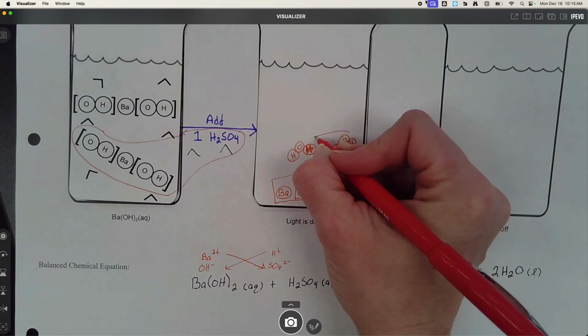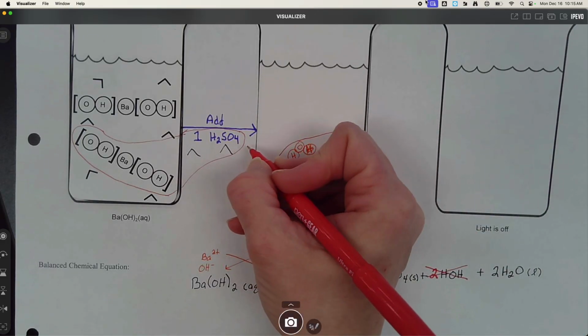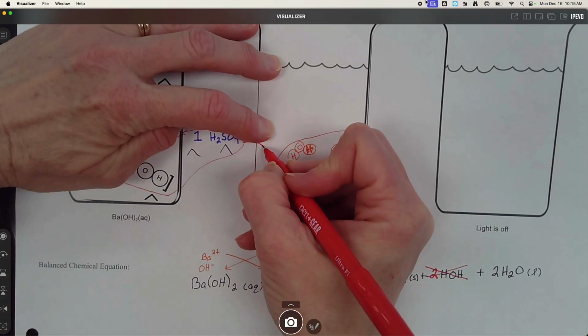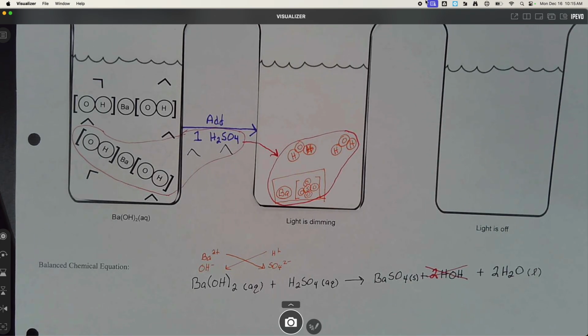And now I'm going to pack this up and say this is one batch of product. And so out of our one batch of reactant, we got this one batch of product.